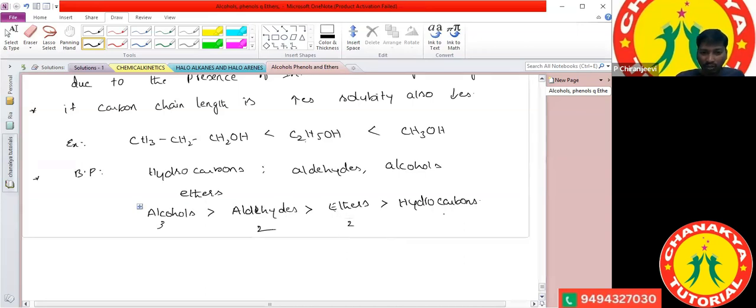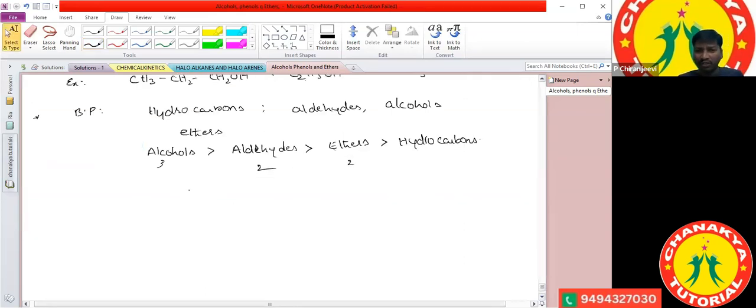And one more question. Here we have three types of alcohols. I'll give some structures. Let us see how many of you give the answer. Which alcohol has the greater boiling point temperature?